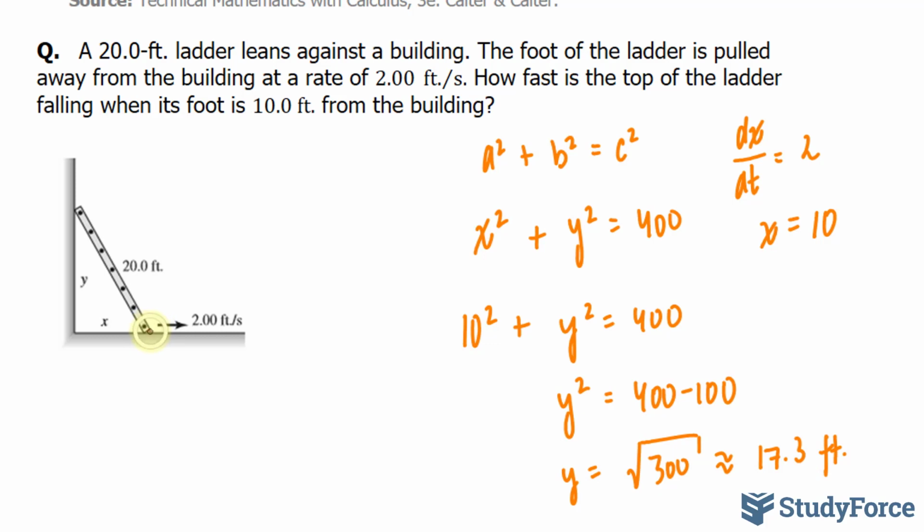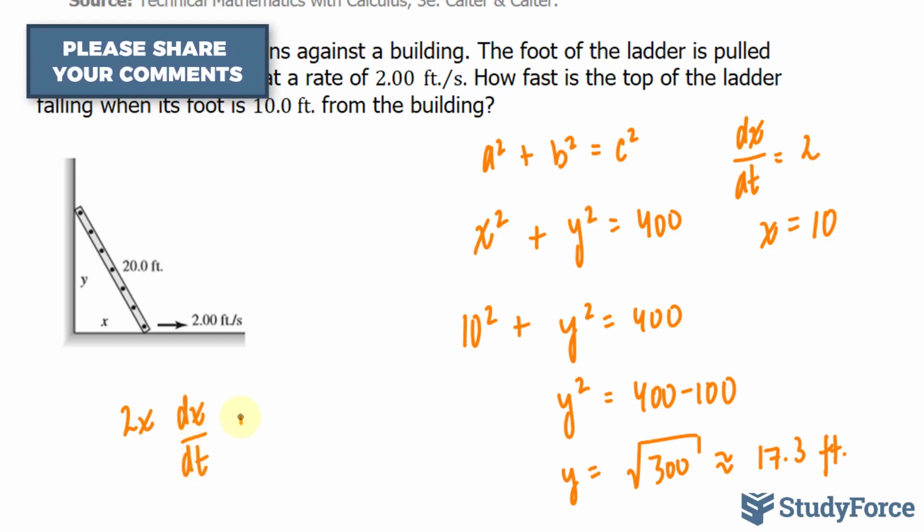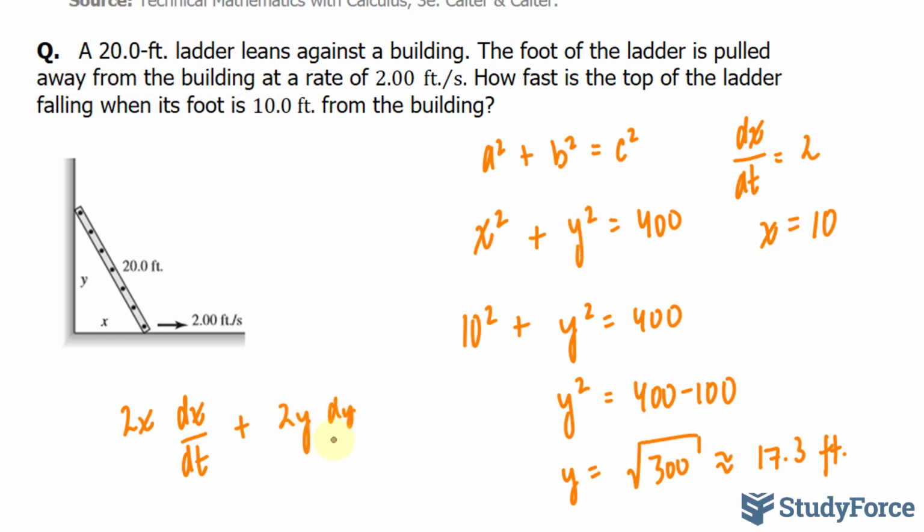So when this part of the ladder reaches x is equal to 10, y will be 17.3. The next step is to take the derivative of this function implicitly. Taking the derivative of x to the power of 2 is 2x. 2x dx over dt, remember it's with respect to time, plus the derivative of this is 2y dy over dt, and the derivative of a constant is 0.